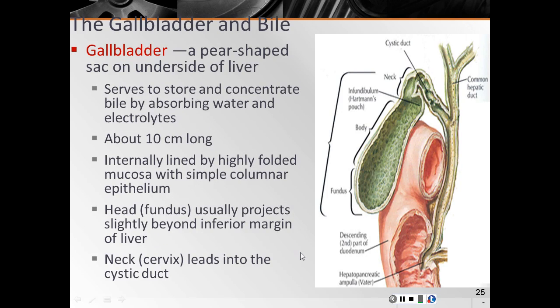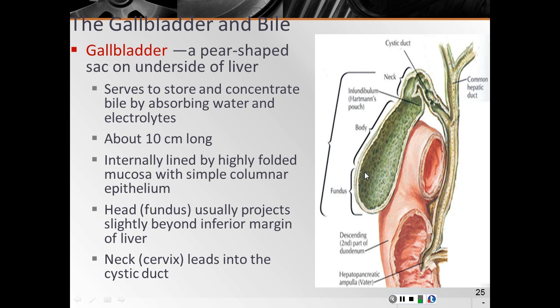Okay, so you see that the picture has changed. I went ahead and just added a picture so you guys see exactly what I'm referring to when you look at this pear-shaped organ in the body, the gallbladder. And we look at the different areas of the gallbladder itself. This is the head right here, also called the fundus region.